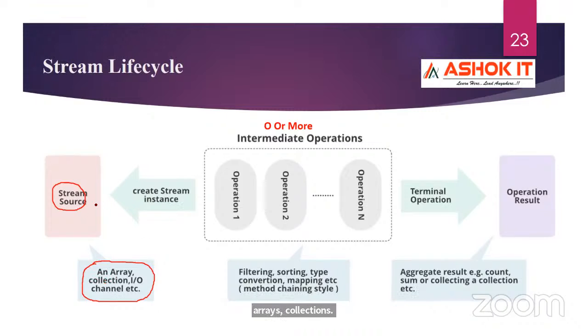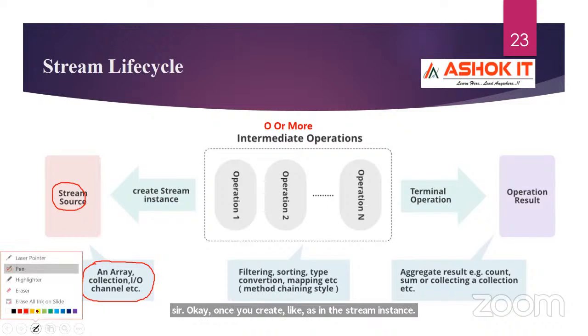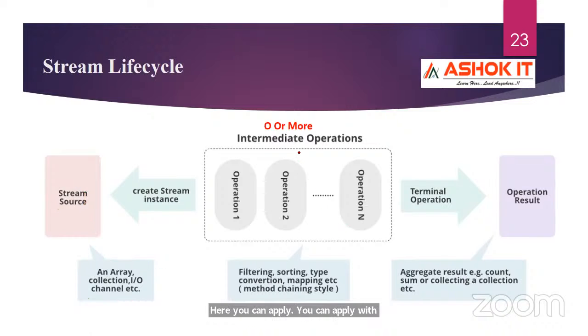So you can create a stream instance. Once you create the stream instance, and you get the stream object in your Java program, you can apply as many intermediate operations as you want.